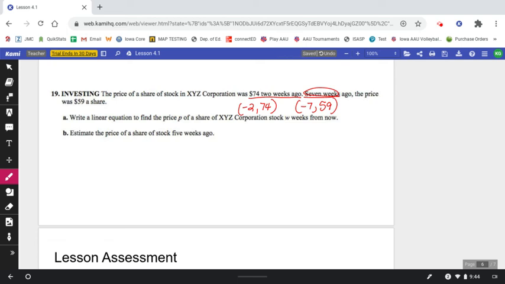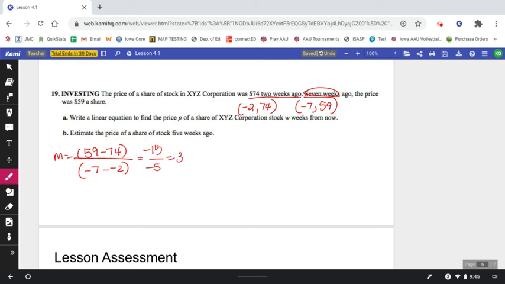So I have 2 points, so first thing I have to do is find the slope. So 59 minus 74 over -7 minus -2 gives me something over -5. 59 minus 74 is -15.